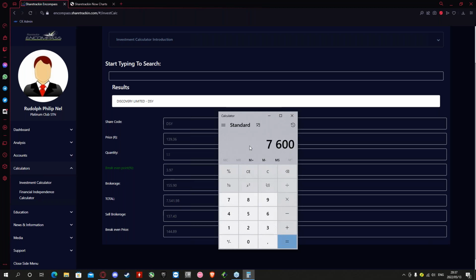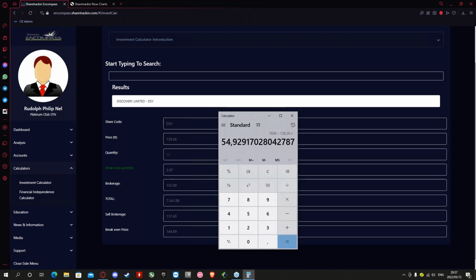Okay, now how do we know to use 7,600? Okay, it's because we've been playing around with the values on most shares. Okay, all shares in this case. I mean, you can take Naspers, you can take Discovery, you can take Coronation, you can take any share. Take 7,600 rand divided by the price. Now the price in this case is 139.36.